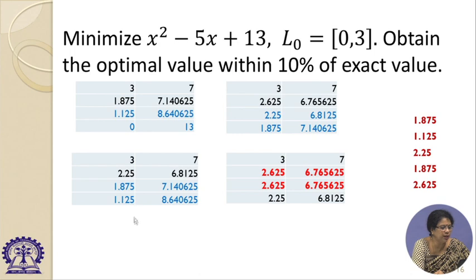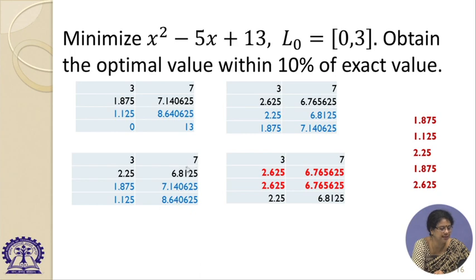Then what will we do? We will take a new interval of uncertainty from 1.125 to 3. Again we will consider L3 star and 2 points L3 star distant apart. Just see the trend of the function.